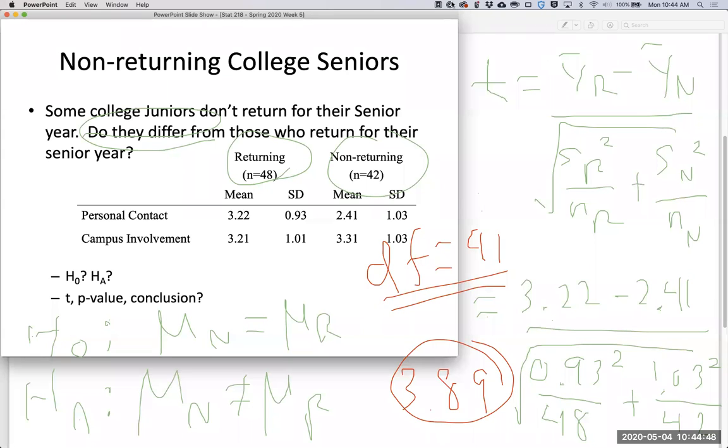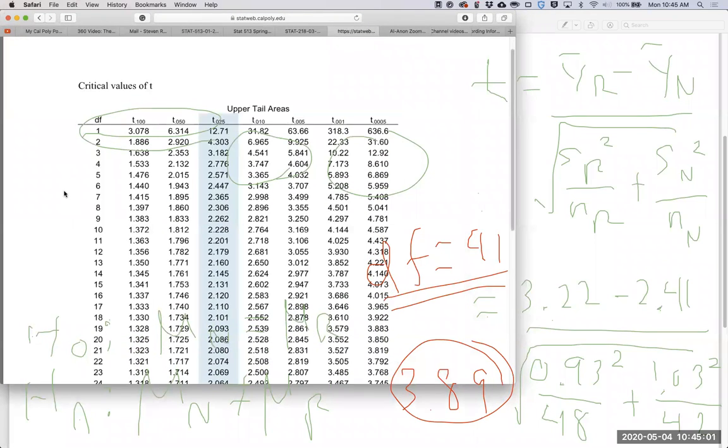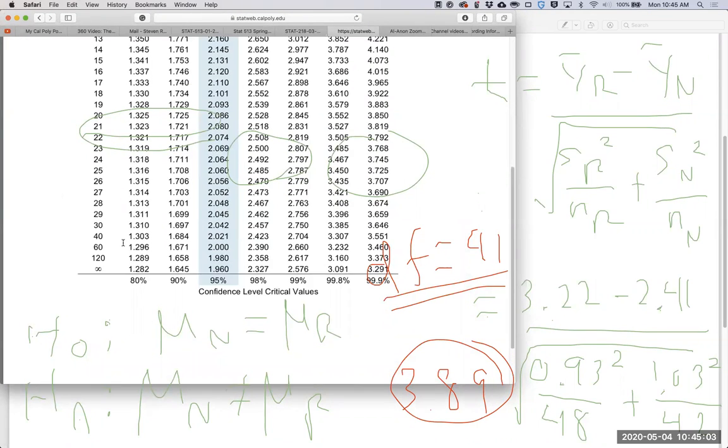So maybe I've got the t-table lying around. Let me grab that, drag it over here, and we could utilize it to get our answer. So again, there's a little bit of clutter on the screen, but 41 degrees of freedom is going to be found in this row here, the row entitled 40 degrees of freedom. And I'm looking for the number 3.89 somewhere in that row.